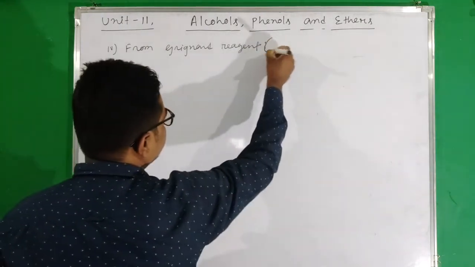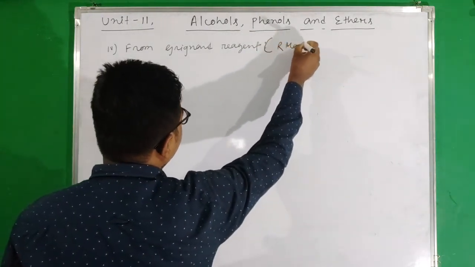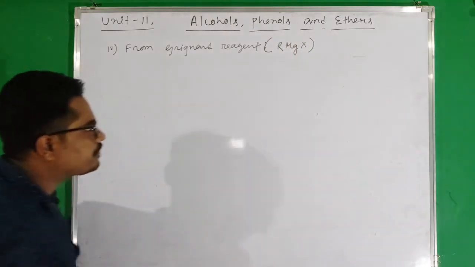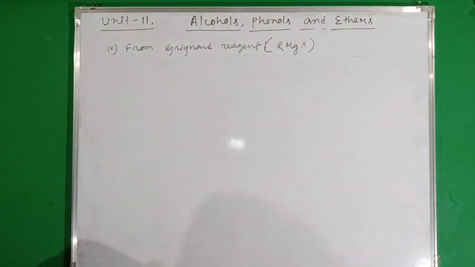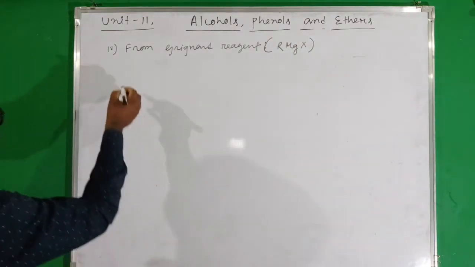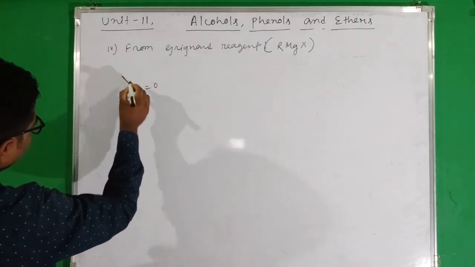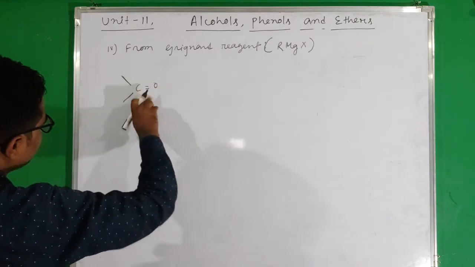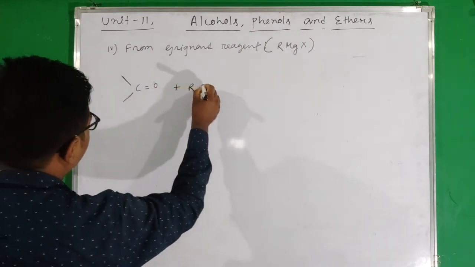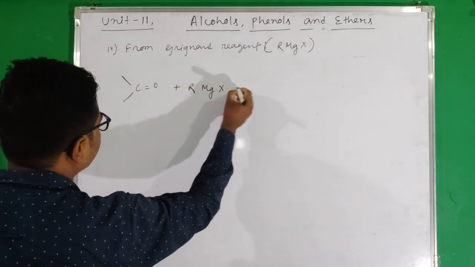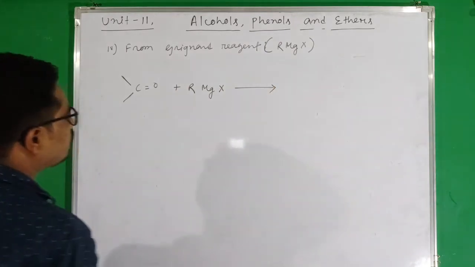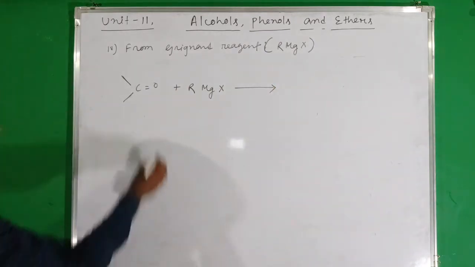And the formula for Grignard reagent is RMgX. Okay. And always remember that aldehydes and ketones, this one is the general formula for carbonyl compound, that is aldehydes and ketones, react with Grignard reagent to give a salt. Okay.